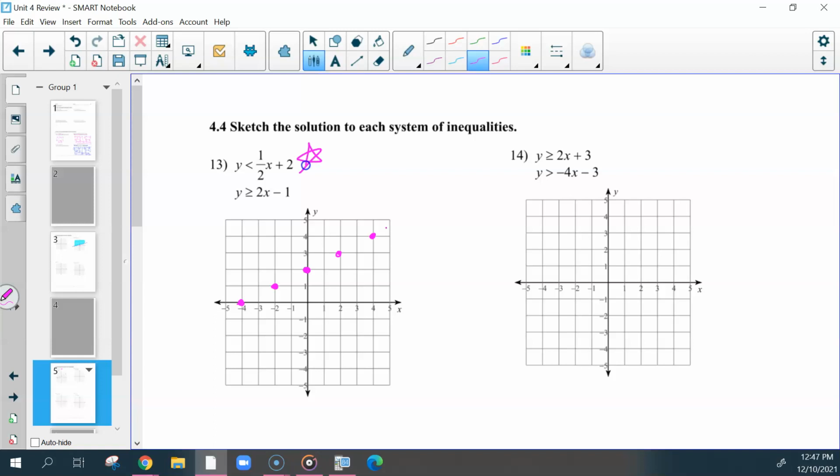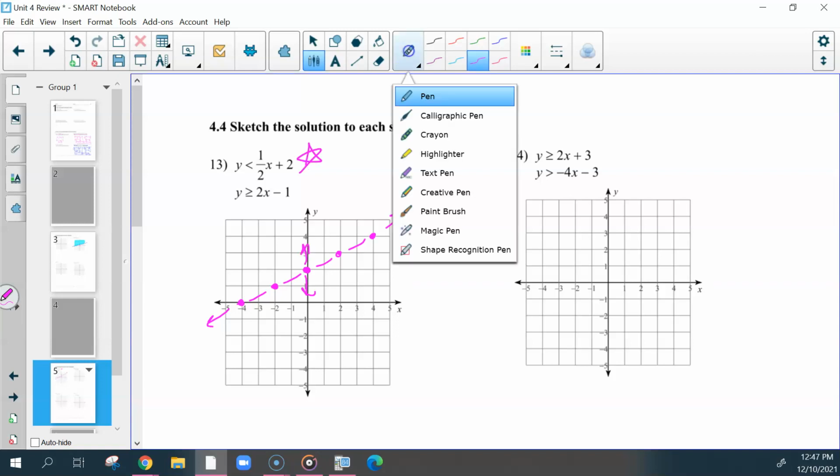Because this one's so close together, if you want to just draw your line with arrows at the end, that's fine. Or if you want to draw dashes in between, you can do that as well. Would it be shaded above or below? Below. So below would be down this way.